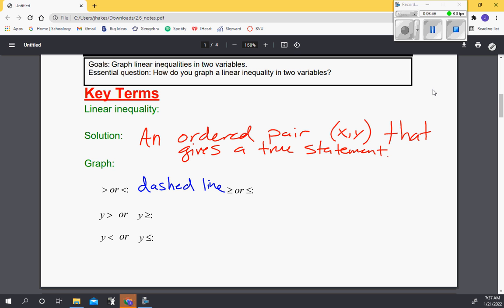Same kind of concept here. It's not a solid line because it's not included, right? It's only greater than or less than. With greater than or equal to, or less than or equal to, that's when it is included. We're going to have a solid line.